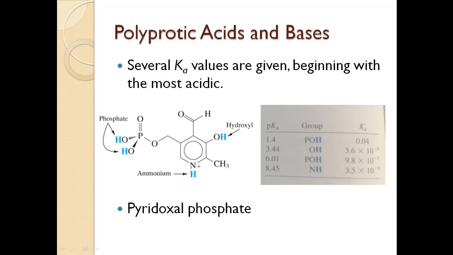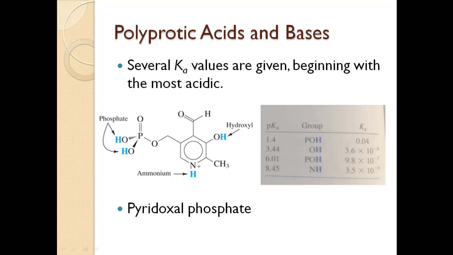So for acids that have many different protons that can actually come off, or in other words, polyprotic acids or polyprotic bases, you're going to obviously have several Ka values that are given to you. The first one that you're given is going to be the most acidic.